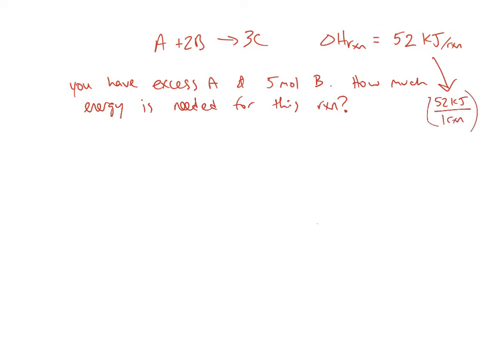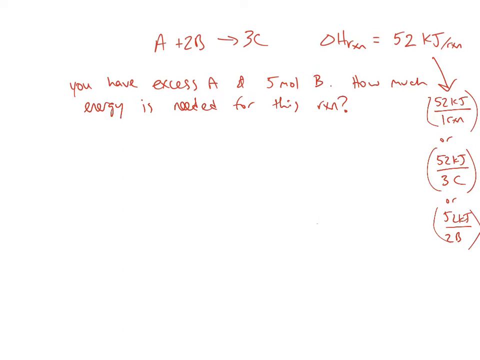Or we could look at our reaction and say it is 52 kilojoules per 3 moles of C, or 52 kilojoules per 2 moles of B, or 1 mole of A, or whatever. So we can turn that value into any number of conversion factors however we want. I've given us an easy one: we don't have to do limiting reactant.